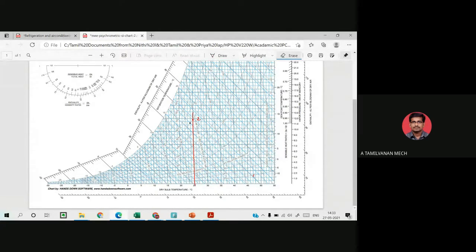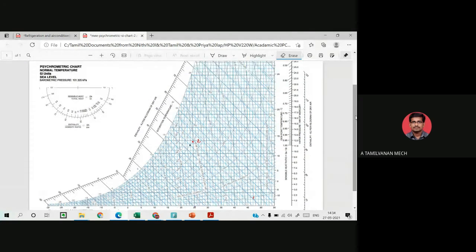Then after that, you are going to fix the outdoor condition. The outdoor condition is 40 degrees Celsius dry bulb temperature and 50% RH. Draw the 40 degrees Celsius line, and on the same 50% RH line you get the point.